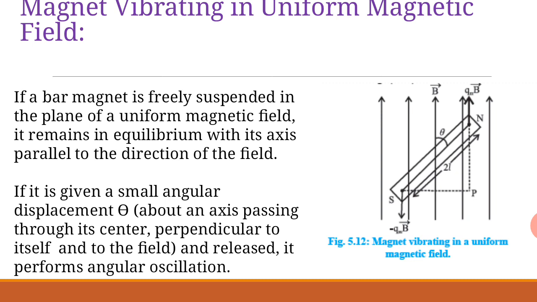Now if it is given a small angular displacement theta about an axis passing through its center, perpendicular to itself and to the field, and it is released, it performs angular oscillation. So in the uniform magnetic field, this freely suspended magnet will perform angular oscillation with theta as the angle.